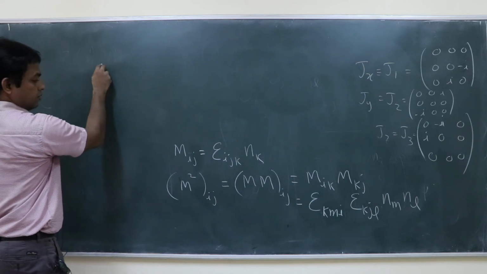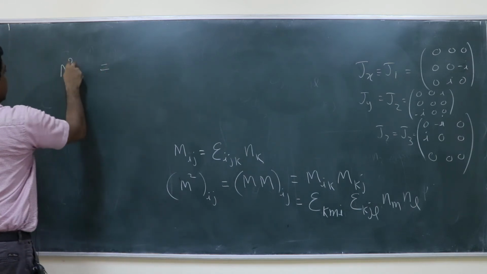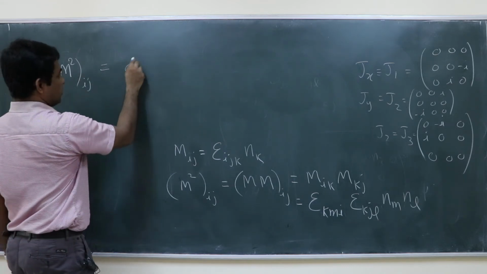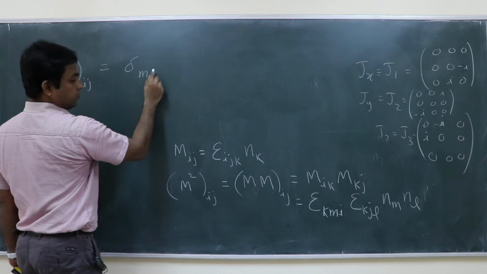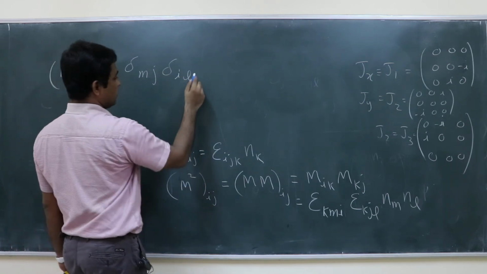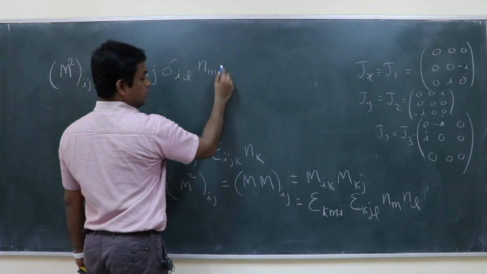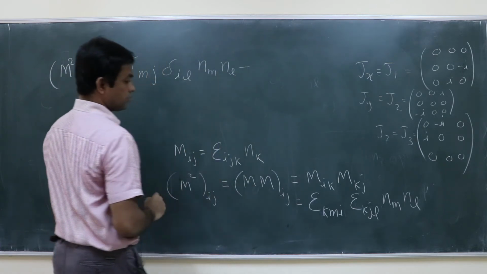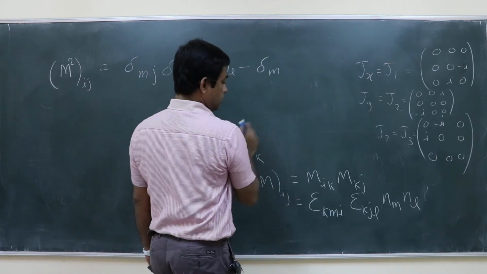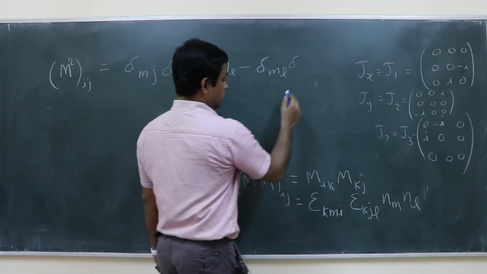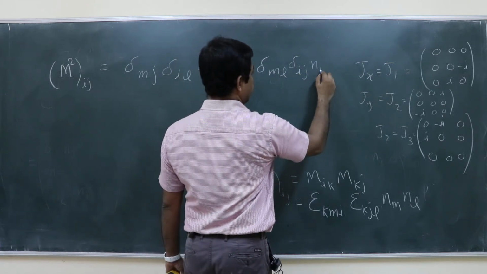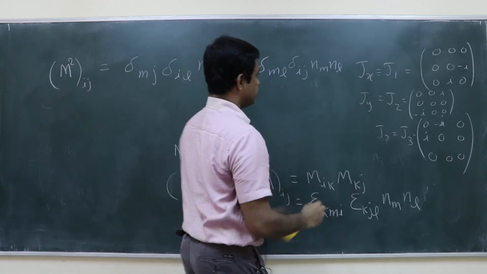So m square ij is equal to delta mj delta il nm nl minus delta ml delta ij nm nl.